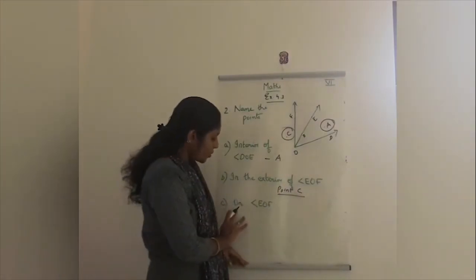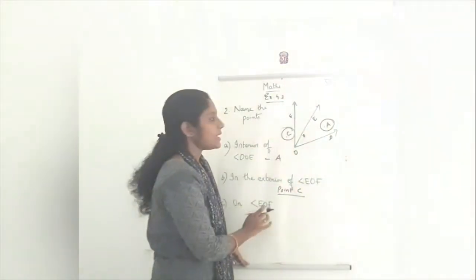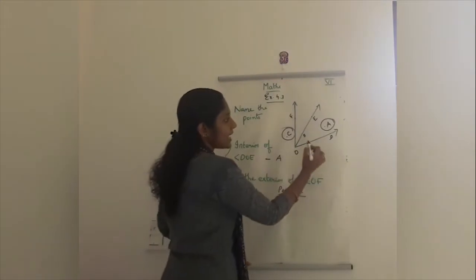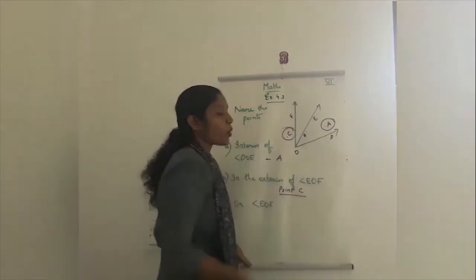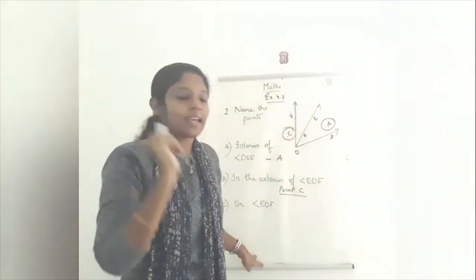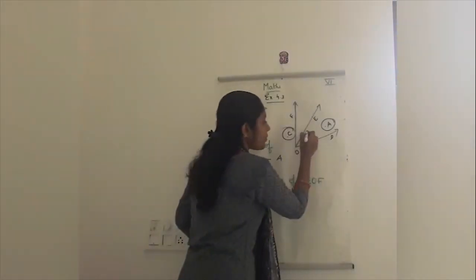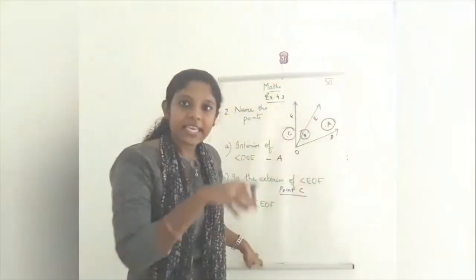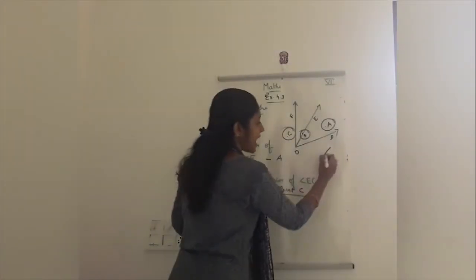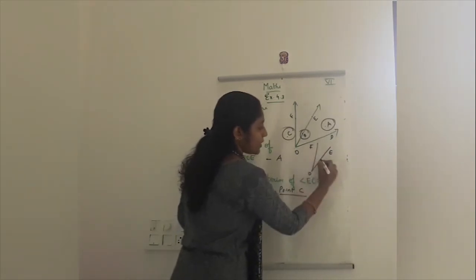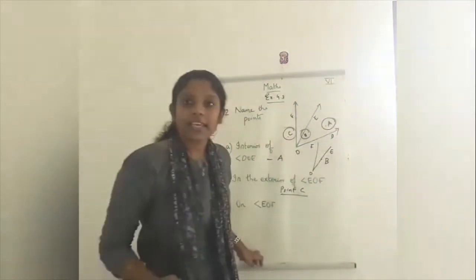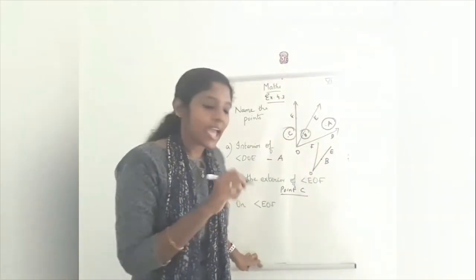Then which point lies on angle EOF? This is the angle EOF. The point marked B on this side is the point which lies on the angle EOF.